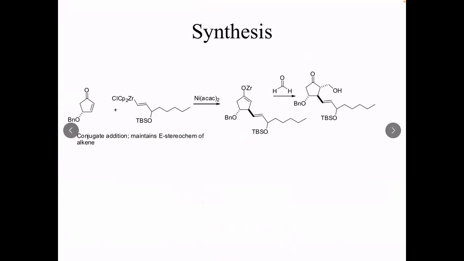Even though it's an sp2 hybridized carbon, you could consider that a softer nucleophile in this case. And it's a nickel catalyzed reaction also, right? You can see that right here with nickel acac as the catalyst.